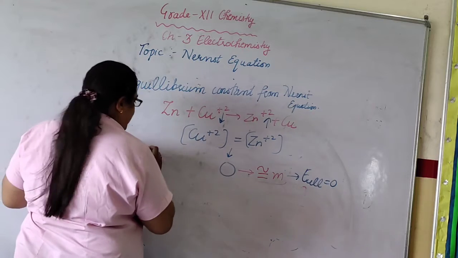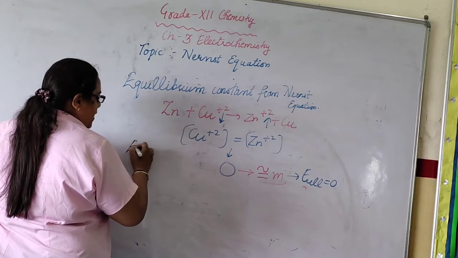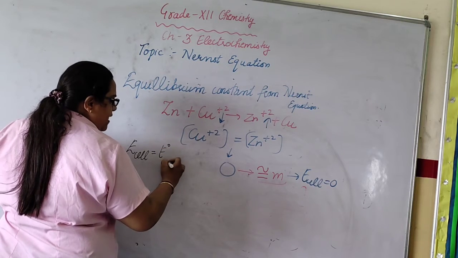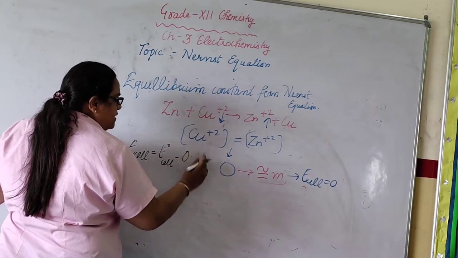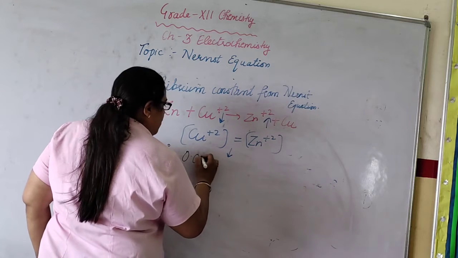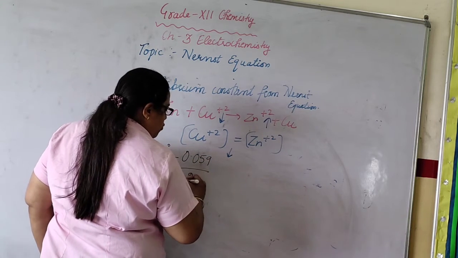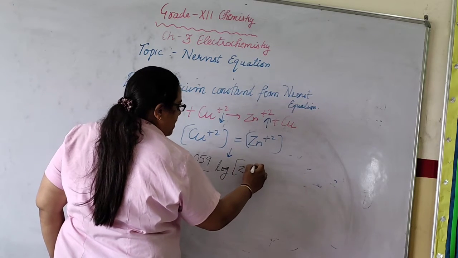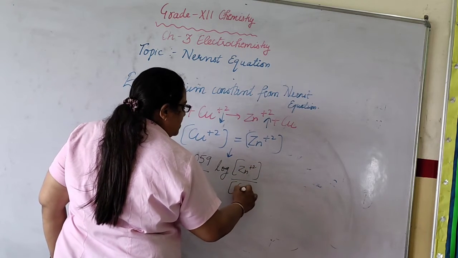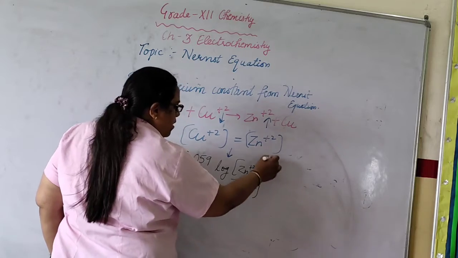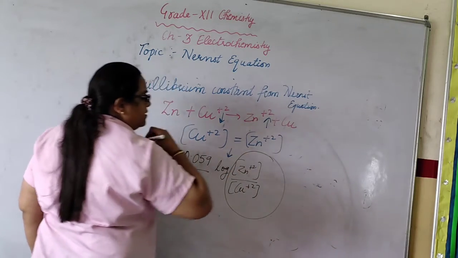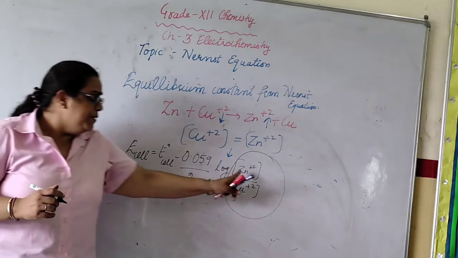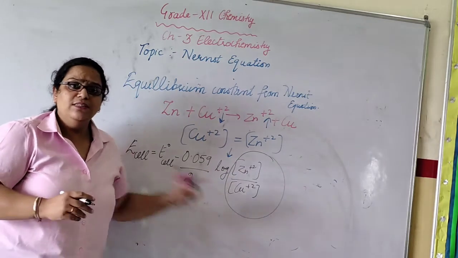So how will you write the Nernst equation for the same? E cell is equal to E naught of cell minus 0.059 over 2 log of concentration of Zn+2 over concentration of copper+2. My dear students, this concentration ratio also represents the equilibrium constant.